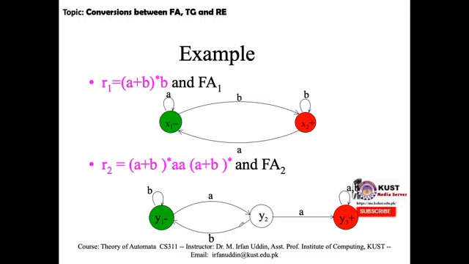R1 is (a+b) whole star into b, that is the language L of strings ending with letter b, and R2 is (a+b) whole star aa (a+b) star, that is the language L of strings containing double a.